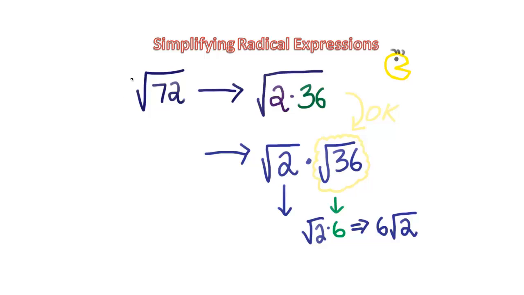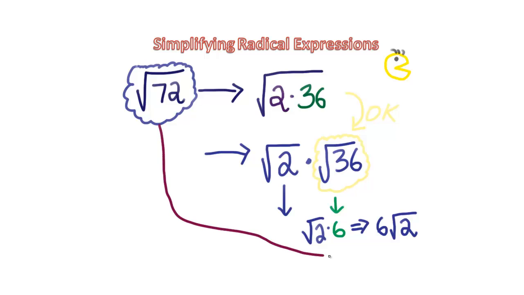So we started off with the square root of 72, also known as radical 72, and we simplified it without a calculator, and our simplified answer is 6 radical 2. And if you plug both numbers into a calculator, you're going to get the same answer.